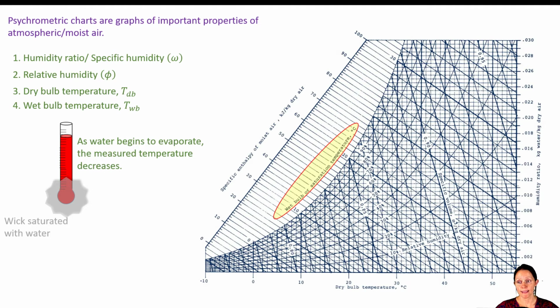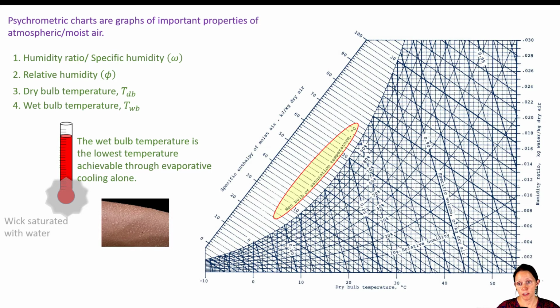As that happens, the air is cooled by evaporative cooling, and so the temperature that is measured is lower than the dry bulb temperature. So the wet bulb temperature, in effect, is the lowest possible temperature that can be achieved through evaporative cooling alone.